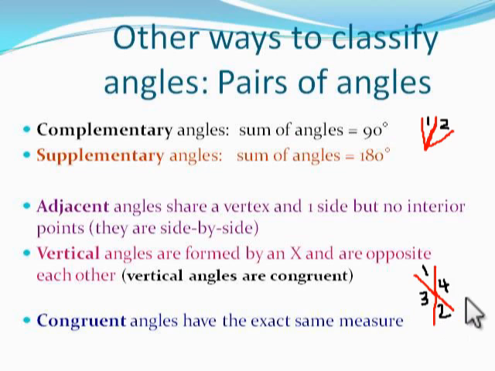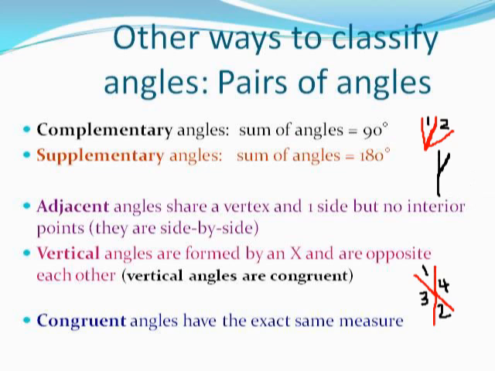Here is something that's very interesting. Vertical angles are congruent. And what is congruent? Angles that have exactly the same measurement. So angle 1 and angle 2 are the same size. Angle 3 and angle 4 are the same size. That is not necessarily true of adjacent angles. I could have a small angle like this next to a really big one.